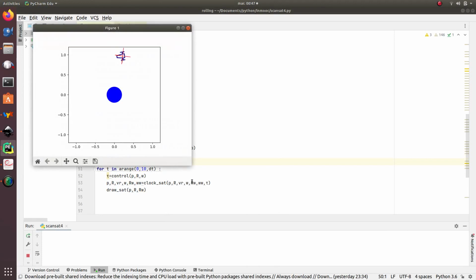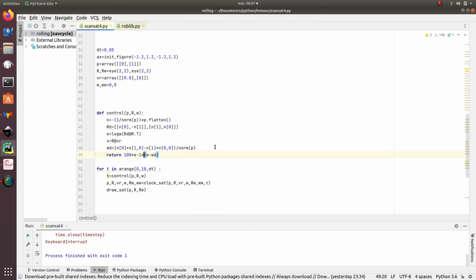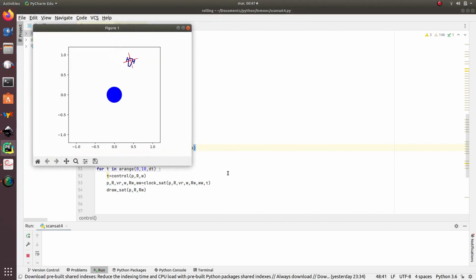I run it. Whoop. I can see that it oscillates. This is why I have to increase the derivative term. I will start with 10, like this. I can see that it is better, but there is some kind of delay.